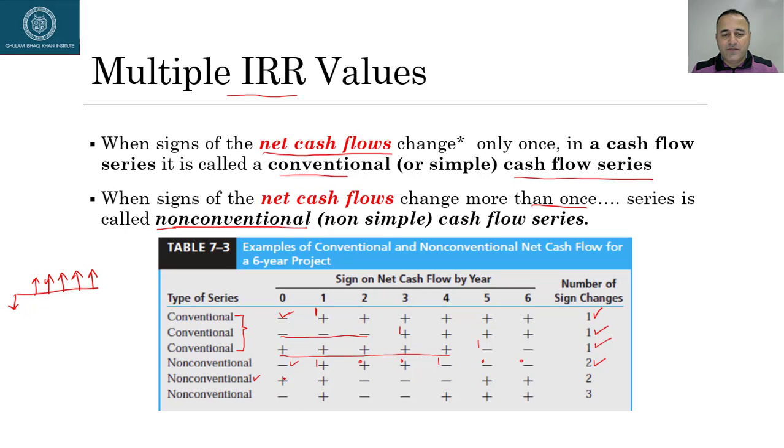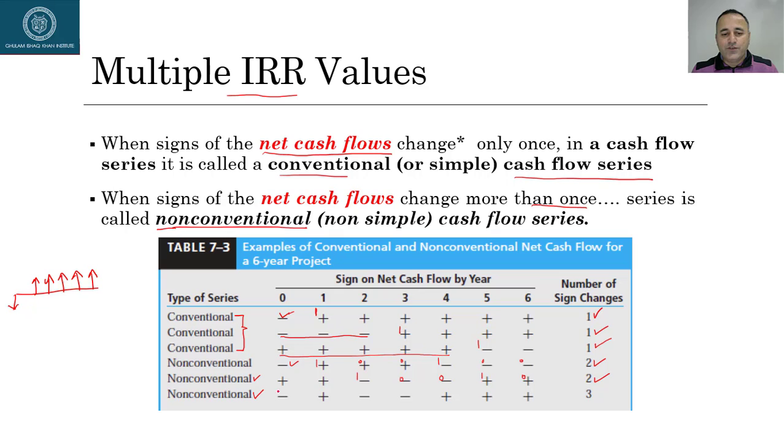It started positively, and there is the first change. No change, no change. There is one change at t equal to 5, and then no change at t equal to 6. How do I see the change? You have to compare the current year with the previous year and see whether the sign changed or not. So we have only 2 changes in this cash flow series.